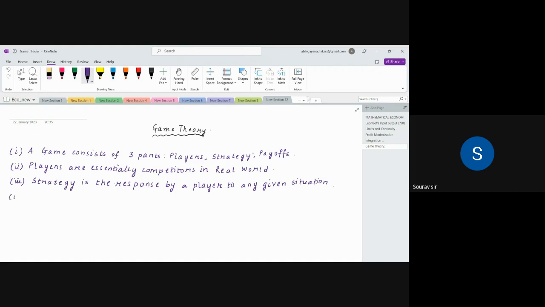And finally, payoff is the final return or outcome of the game.